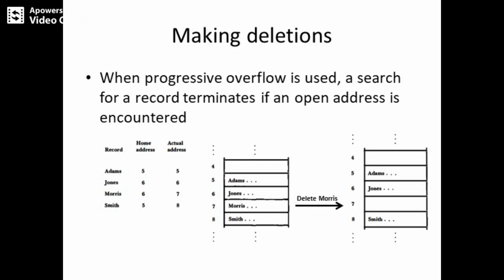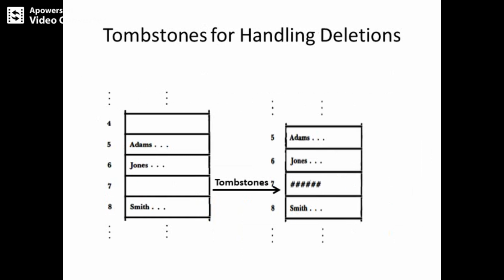So instead of that, we have a concept called tombstones. A tombstone is nothing but this: whenever you delete some particular record, in that position we are not going to make an empty slot. Instead we are going to put some particular symbol in that position, so that we can understand that the data of that element got deleted.